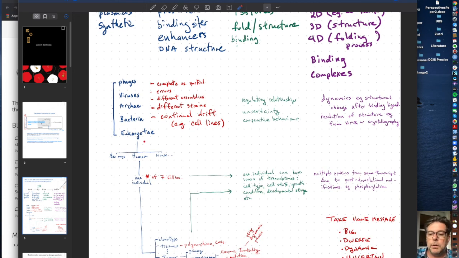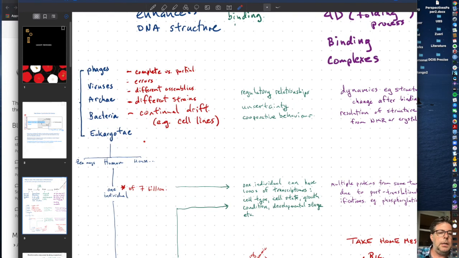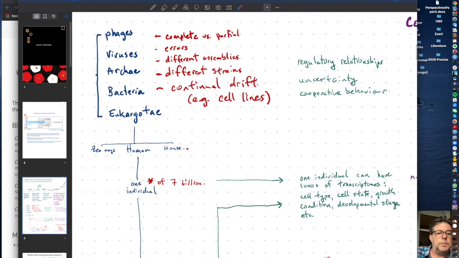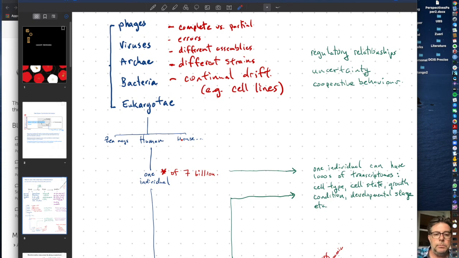Even within eukaryota, you have this issue of different species, taxa within eukaryota, even ancestral. These are extant organisms, but you'd also have extinct ones, dinosaurs for example, genomes to be considered.